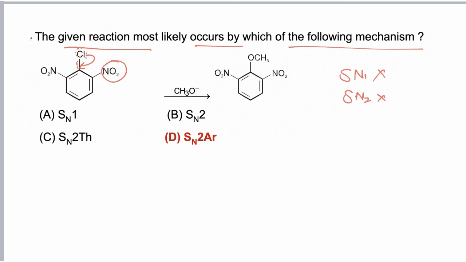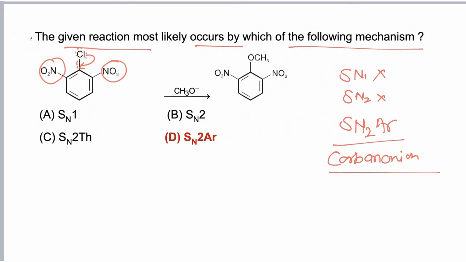But electron withdrawing nitro groups are attached at ortho and para positions, so this reaction can take place via the SNAr mechanism, in which a carbanion intermediate is formed via formation of the Meisenheimer complex.